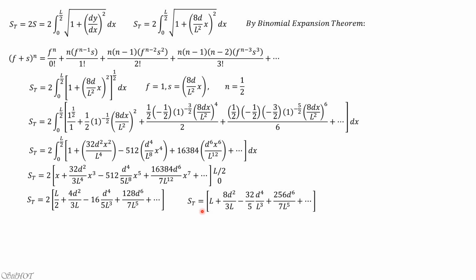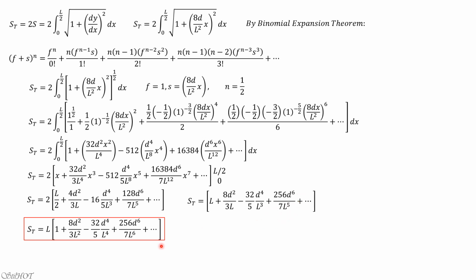Then factor out L. So you have S total is L quantity 1 plus 8 thirds d squared over L squared minus 32 d to the 4th over 5 L to the 4th, then plus 256 d to the 6 over 7 L to the 6. So this is the approximate formula for the total length of the cable.